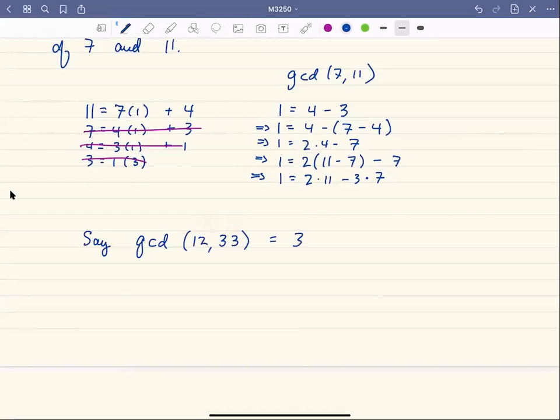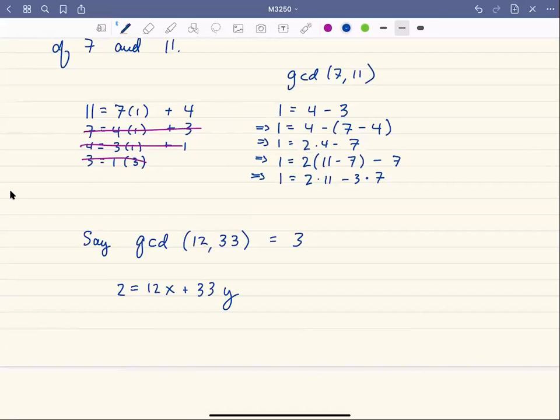Suppose that you could. Say you could write 2 as a linear combination. In other words, suppose that there were integers x and y, one of which would have to be positive, one of which would have to be negative, where you could write 2 is equal to 12x plus 33y. What's the problem with that?